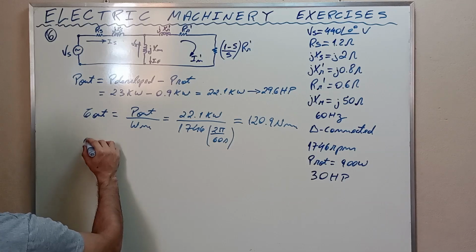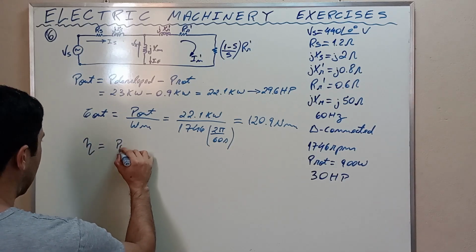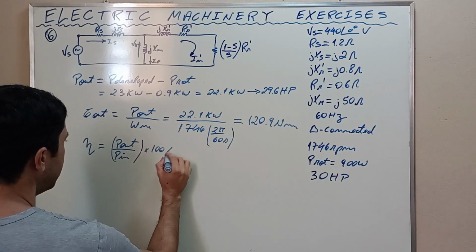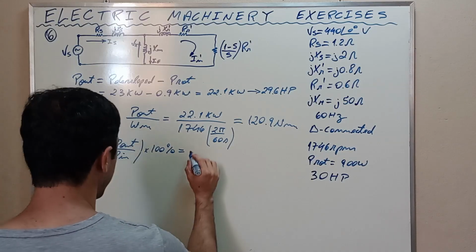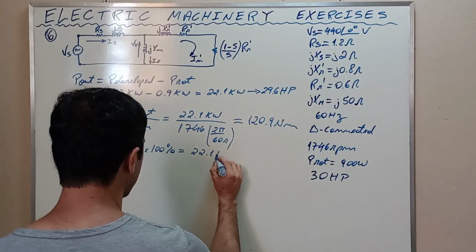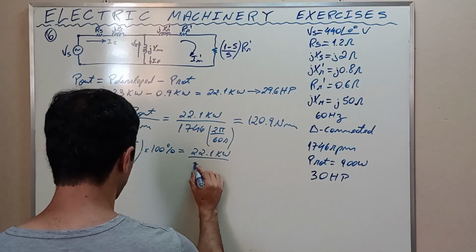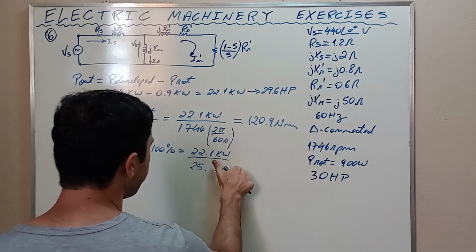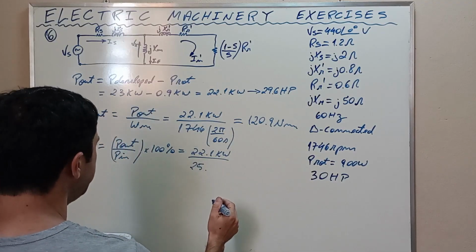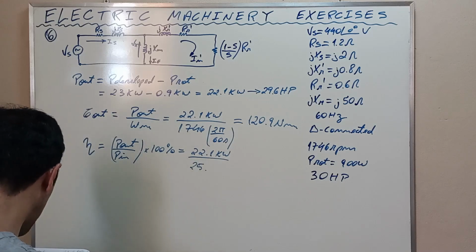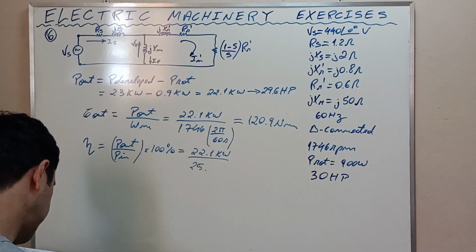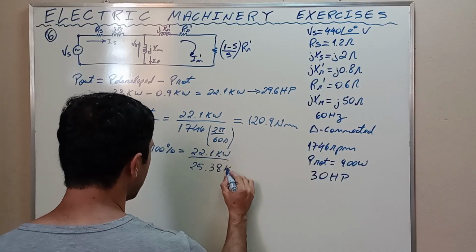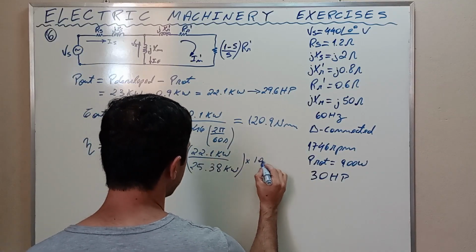The efficiency is equal to P out divided by P in times 100%, which is equal to 22.1 kilowatts divided by, I forgot the number, sorry, it was 25.38 kilowatts, multiplying 100%.